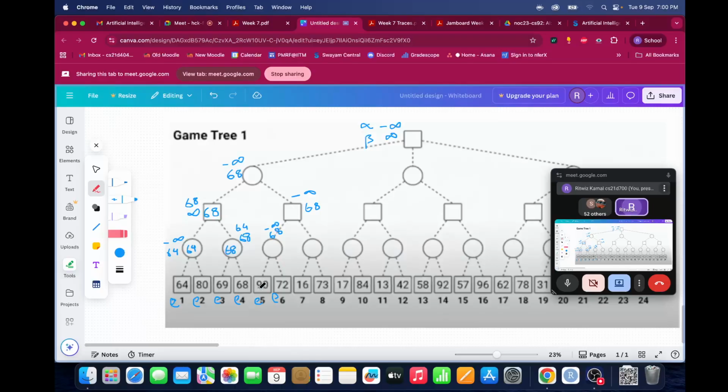Now this E5 is returning a value of 90 over here. 90 is greater than 68. So will the beta value be updated? No, it won't be updated. So remember, beta value will be updated only when the beta value being offered is lesser than the current beta value, and alpha value will be updated only when the alpha value being offered is greater than the current alpha value.